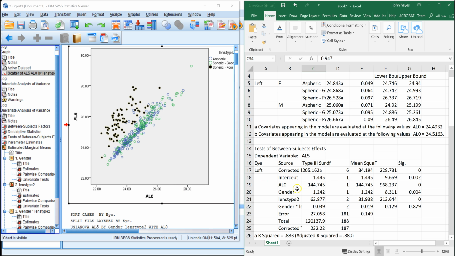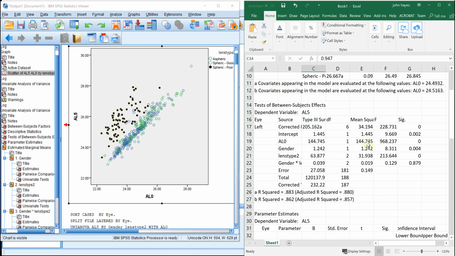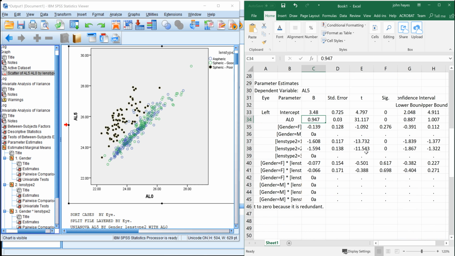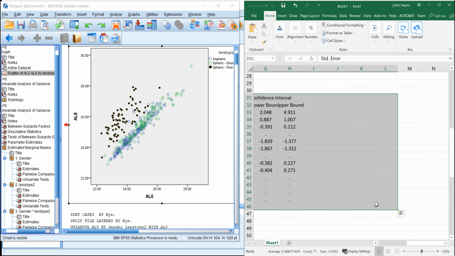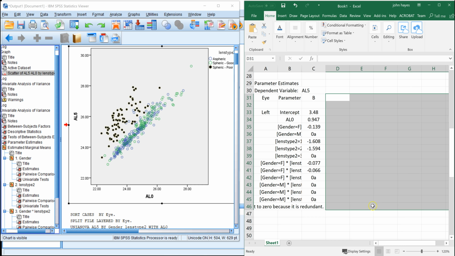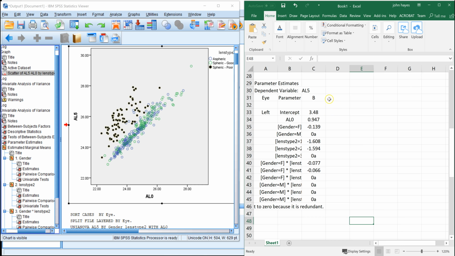Okay, so here we go. And I'm just going to get rid of all of these values right here for now. And so we're going to multiply this B coefficient times 1 for the intercept. That'll just give us 3.48.